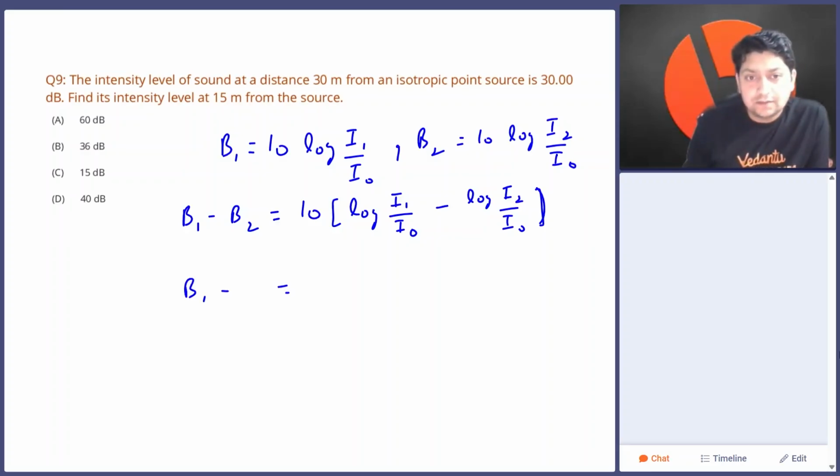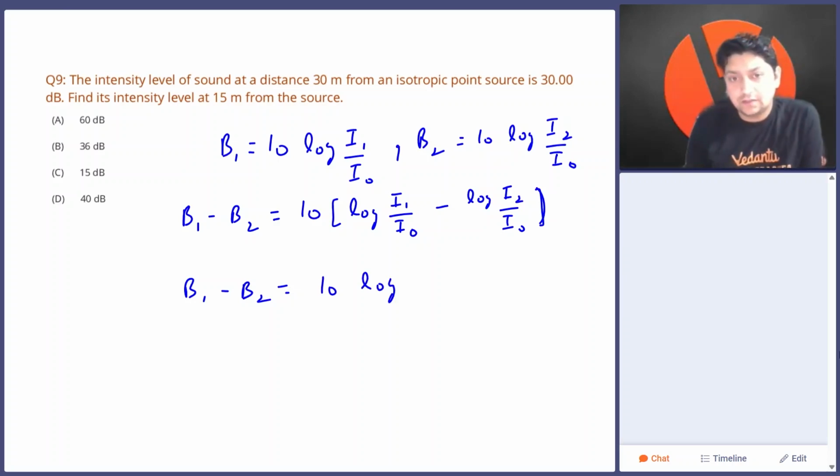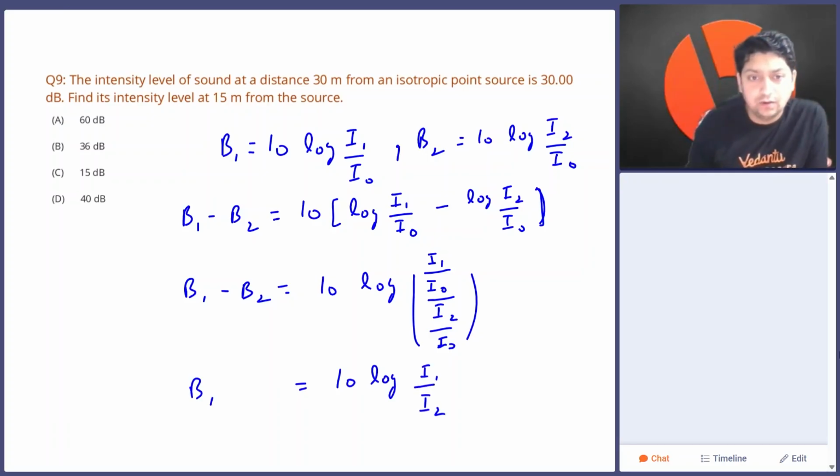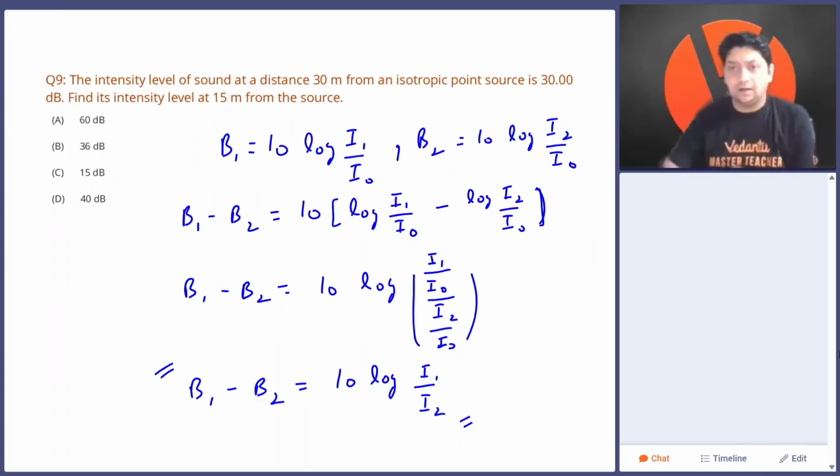Now this can be simplified, as we know, in the case of log, if subtraction is there, then values can be written in divided form. So I0 and I0 will be cancelled out, and over here we get 10 log I1 by I2, which is equal to b1 minus b2, right? So this is the equation we get, okay?